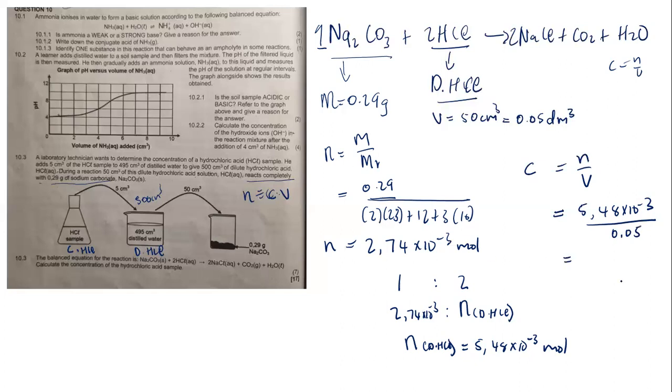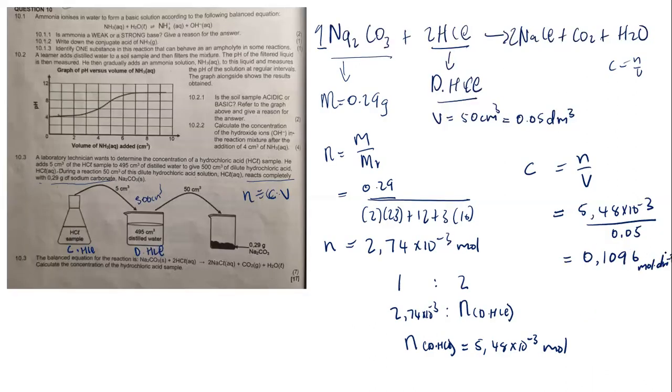And therefore, when I punch this on my calculator, I'm going to say my final answer divided by 0.05, and I get my concentration to be 0.1096 moles per cubic decimeter. That will be my concentration.